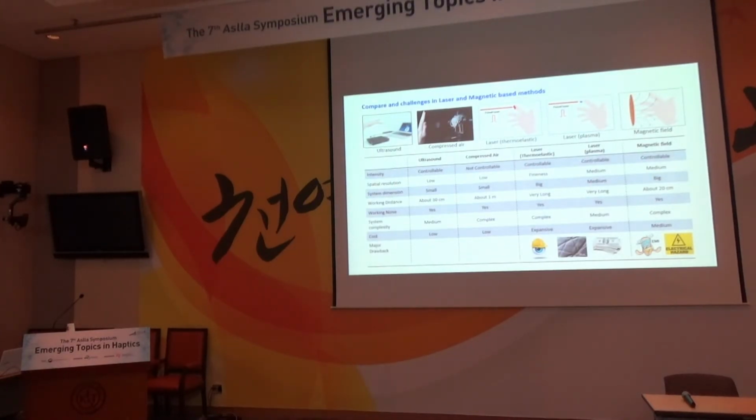And this is the comparison and challenges of the laser and magnetic methods. The laser method has major drawbacks: it is very hard on the human eyes, and there is skin deformation. My hand is deformed because of this research, and the industrial laser system is very expensive.